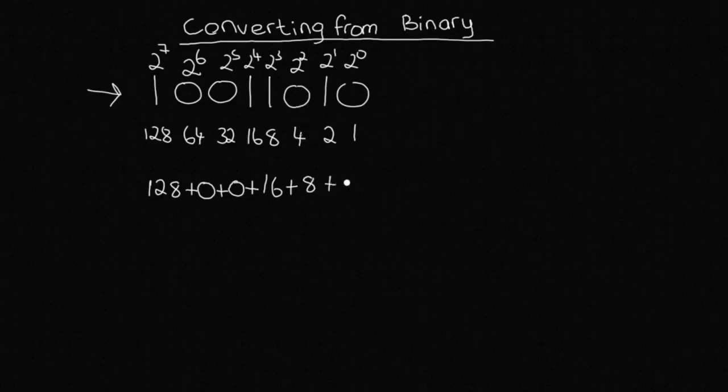Now we can see that 4 has 0, so 4 times 0 is 0. Then we'll add in 2, so 2 times 1 is 2. And we can see for the last element that we've also got 0, so we can just add in 0 or nothing. Now that we see this, we have to add up all these elements.